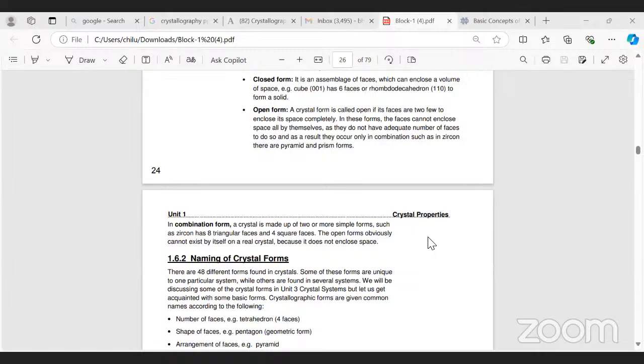They do not have an adequate number of faces to do so, and as a result they occur in combination, like zircon in pyramid and prism forms. So it depends on their combinations of faces. Sometimes we see triangular faces, as in zircon.